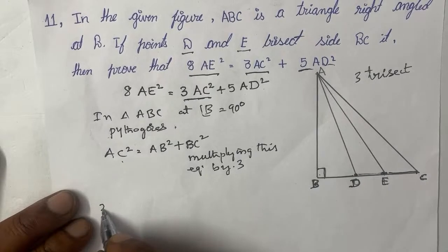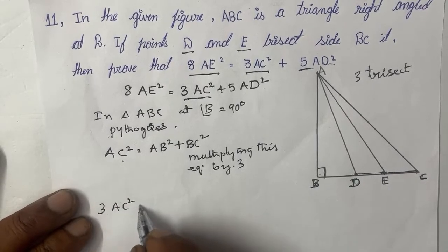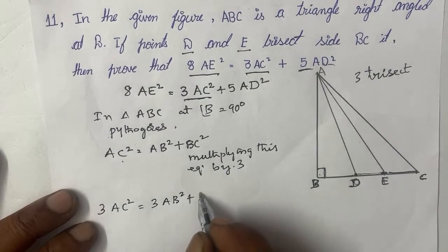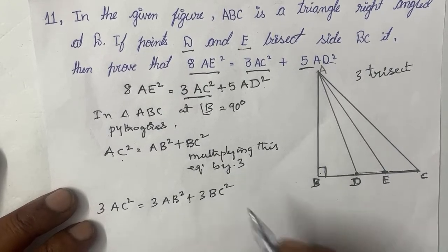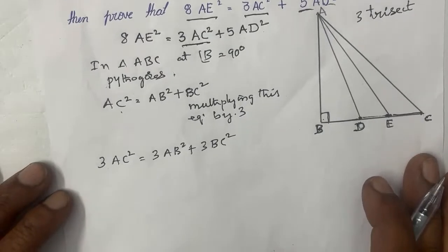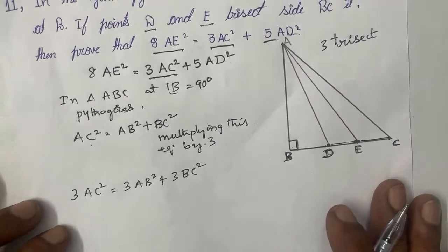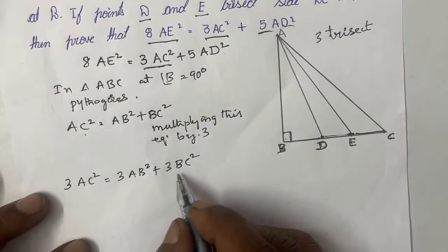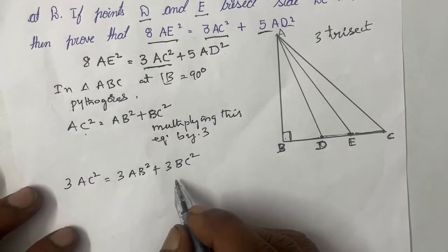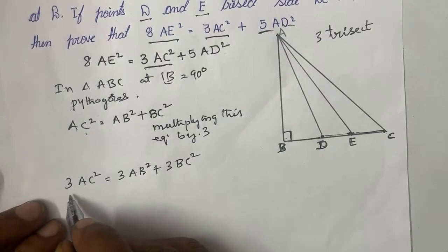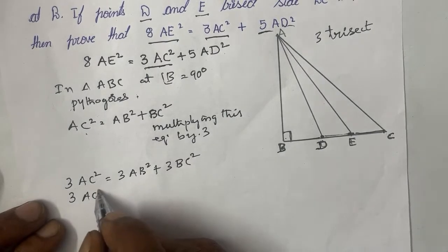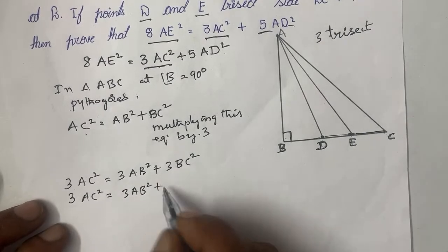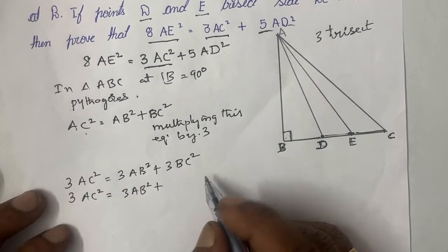So 3AC square is equal to 3AB square plus 3BC square. Now I want to change the BC value and keep the remaining as it is.